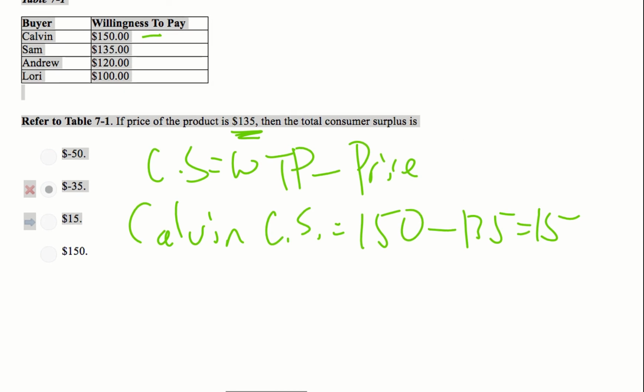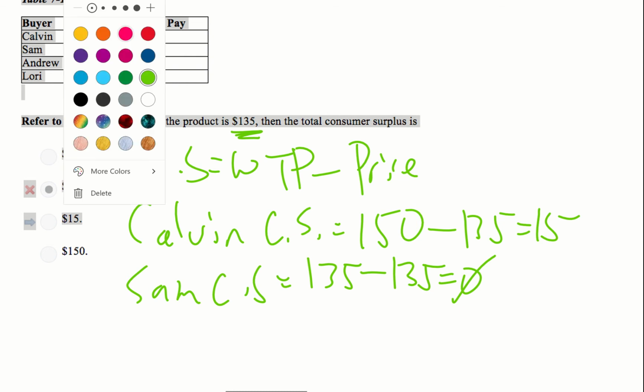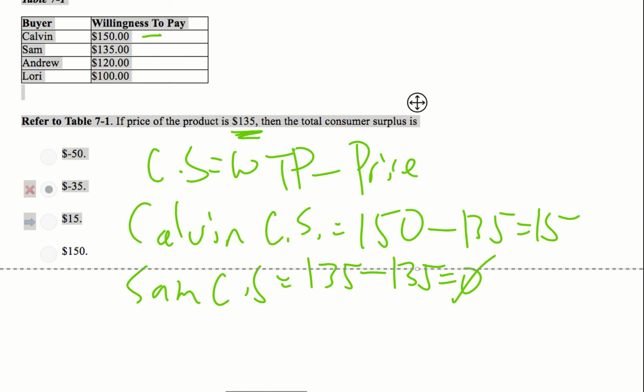And then for the next person, Sam. Sam's WTP is 135, the price is 135, so he will have 0 consumer surplus. He's breaking even. Now Andrew wouldn't buy the good because his WTP is only 120, but the price is 135.